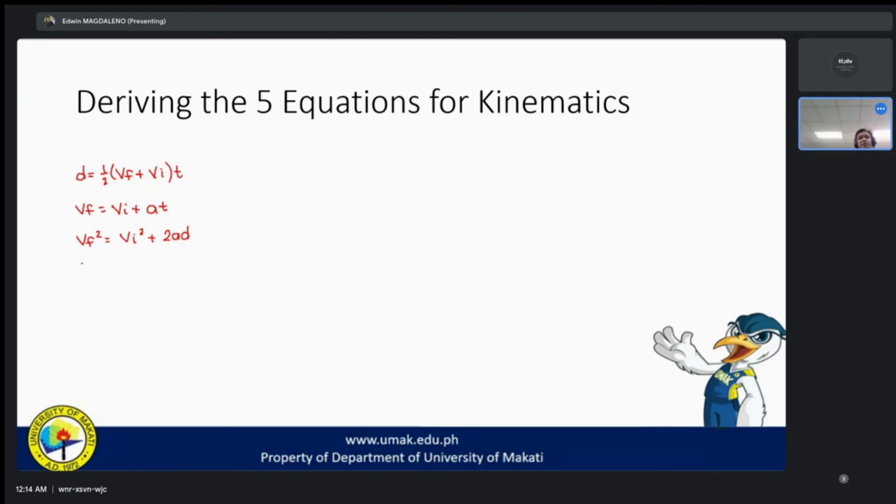The fourth equation, displacement is equal to Vi multiplied by time plus 1 half acceleration times time squared. And finally, equation number 5, displacement is equal to Vf multiplied by time minus 1 half acceleration times time squared. So how do we use this? We will use this by determining what is given and what is unknown.